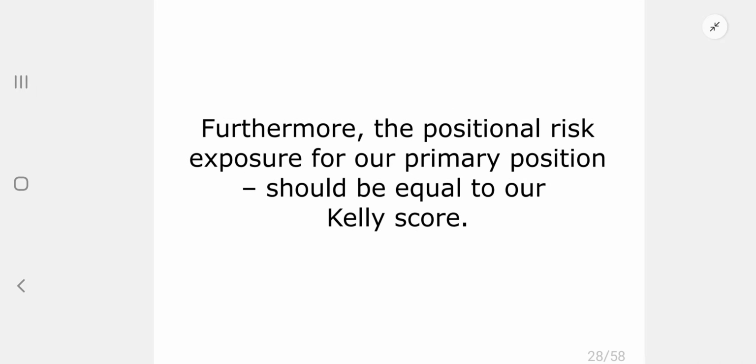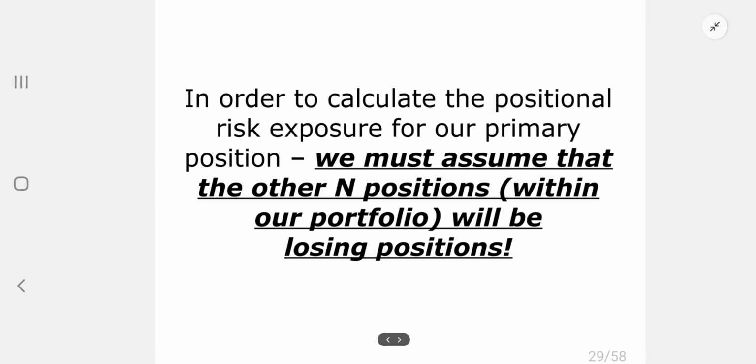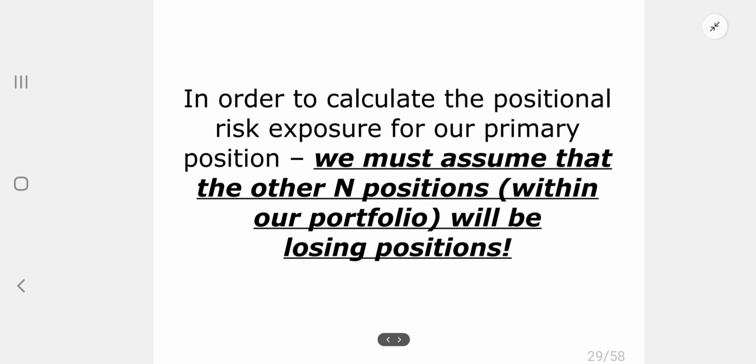Furthermore, the positional risk exposure for our primary position should be equal to our Kelly score. In order to calculate the positional risk exposure for our primary position, we must assume that the other n positions within our portfolio will be losing positions.